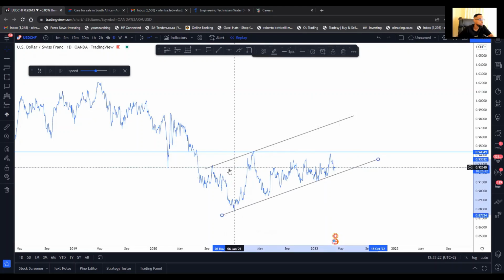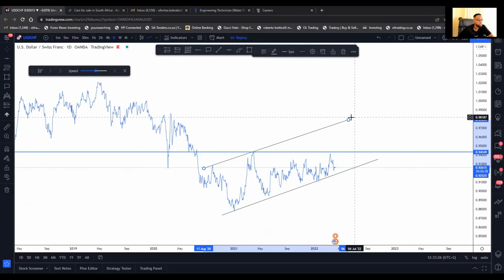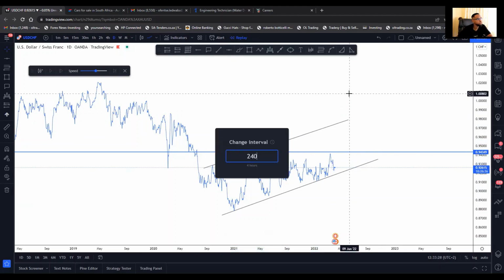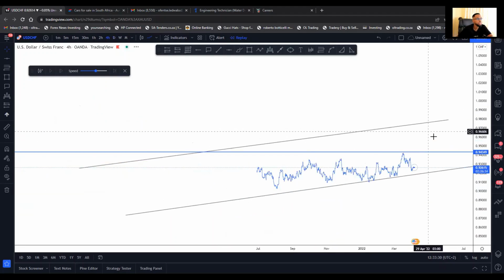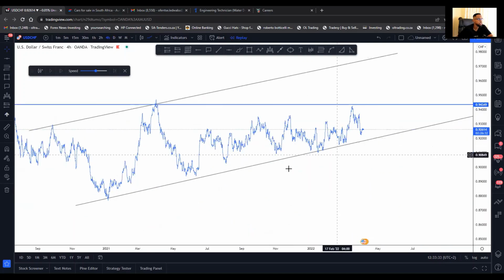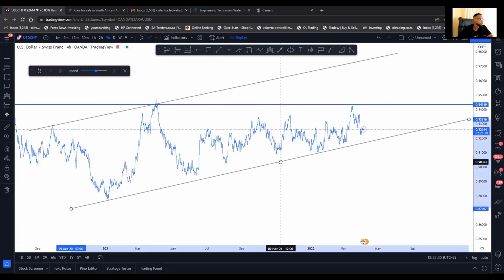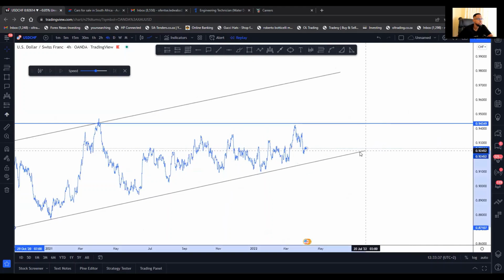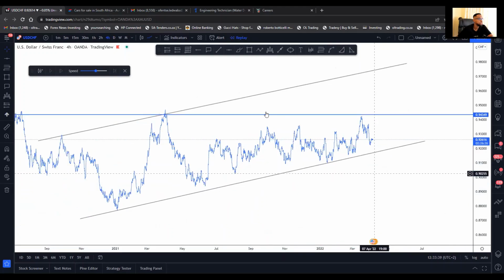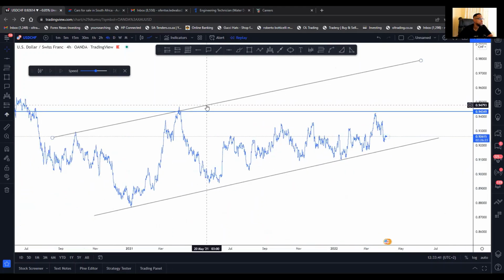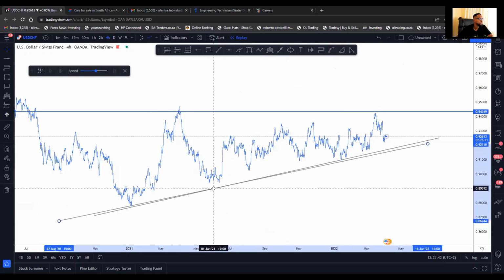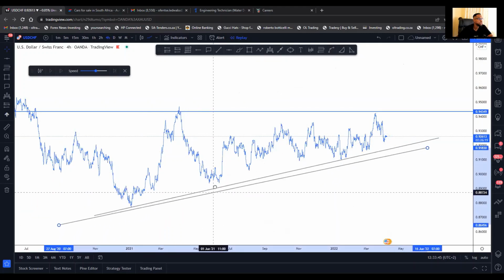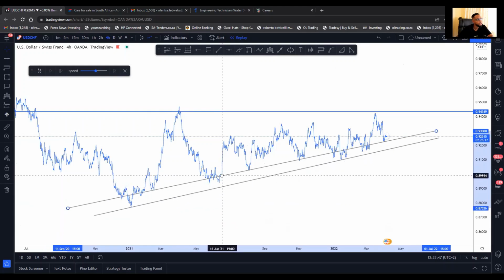So now I'll go to 4 hour. For 4 hour, always use a line chart, guys, so it makes things much easier. And then I'll just adjust my lines. Okay. See, this line is parallel to this one. You see why I like to use Control so that it's identical.